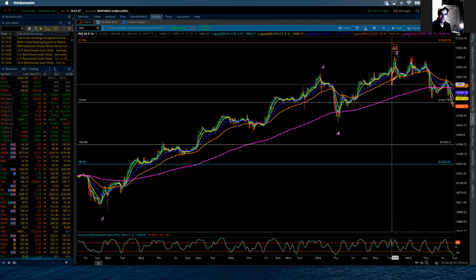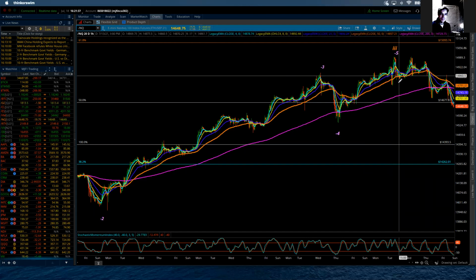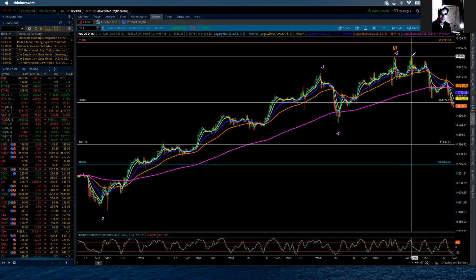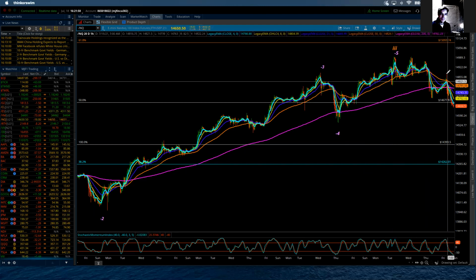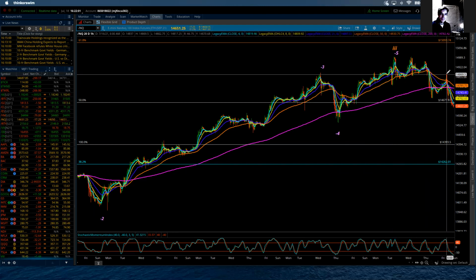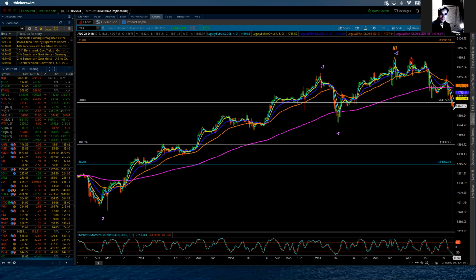So we're looking for 3 waves, an A, a B, and a C, of minute degree. I'm going to say that this is A, and this is likely B, and then we get a C wave, which in and of itself is going to form 5 waves. 1, 2, 3, 4. It works. And now we're in the 5th wave.